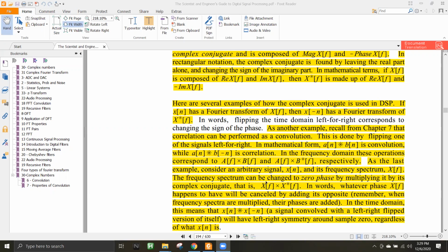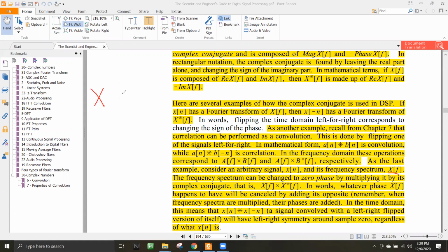Now the last example where the concept of complex conjugate may be used. Here we can consider any arbitrary signal x[n] and its corresponding frequency spectrum capital X. In that case, the frequency spectrum can be changed to zero phase. This capital X may not be symmetrical around zero.